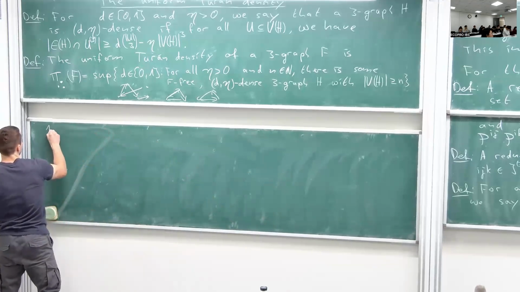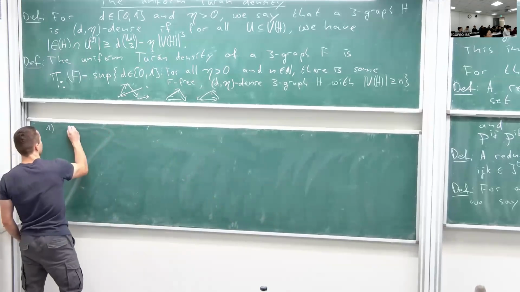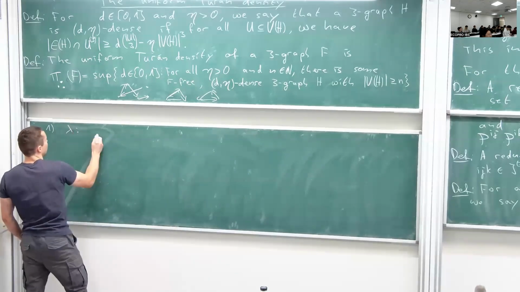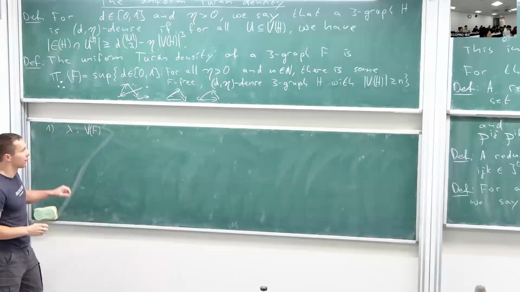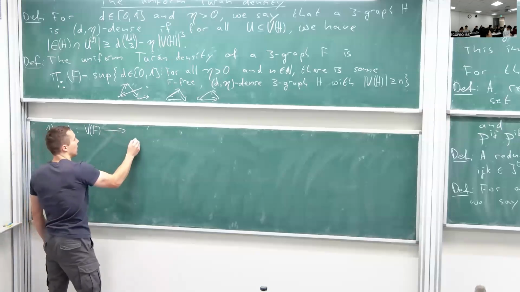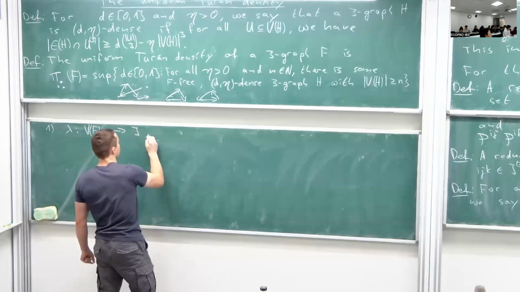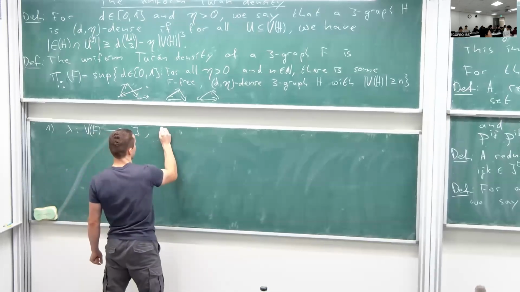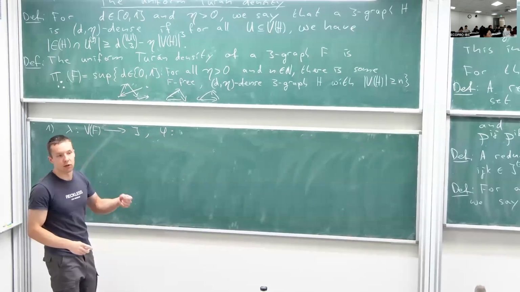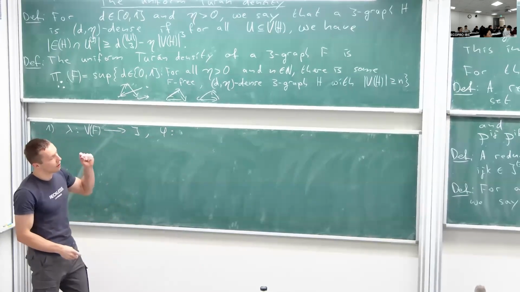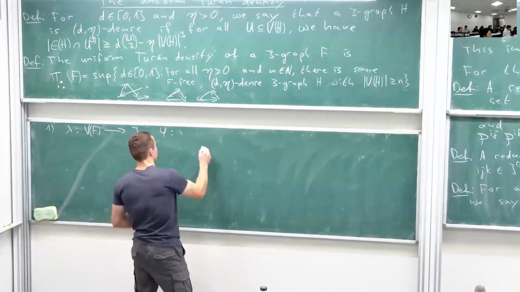So the first thing that we want to have is that lambda should be the map from the vertex set of F into the index set of the reduced hypergraph, and phi should go from the shadow of F into the vertex set of our reduced hypergraph.